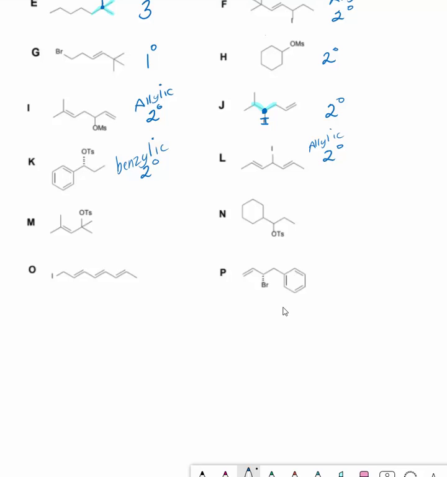So for M, we have our heteroatom here. We are analyzing this carbon. How many carbons is that bonded to? We have 1, 2, 3. So this is a tertiary compound. But it is a specific tertiary compound because the carbon is double bonded to another carbon. So this is an allylic, but it is tertiary.